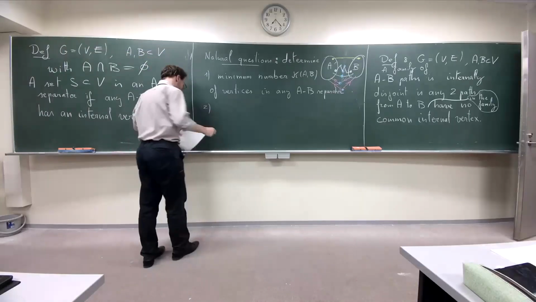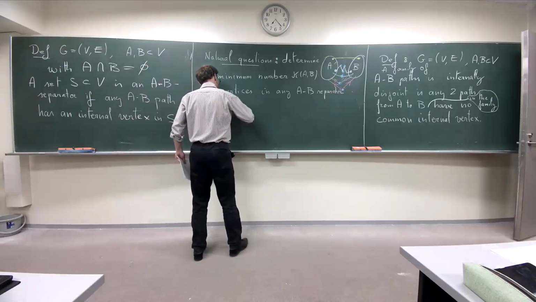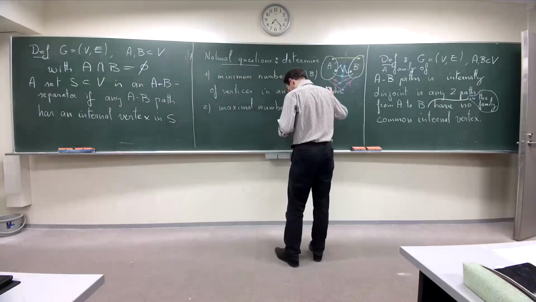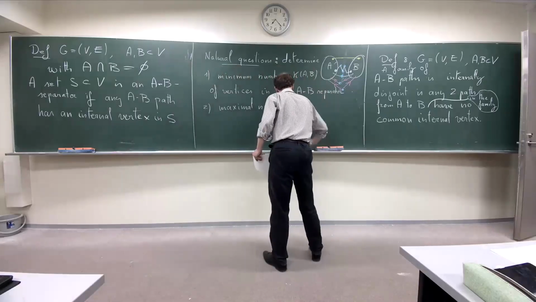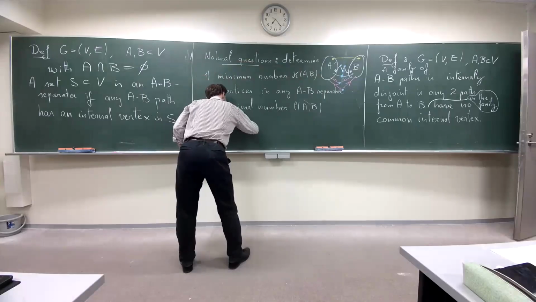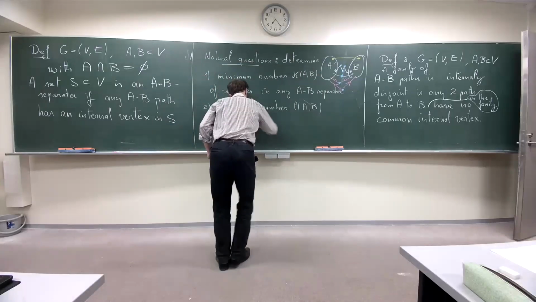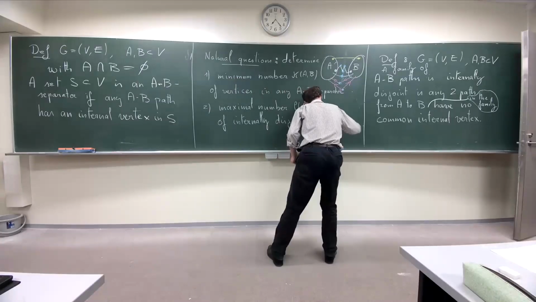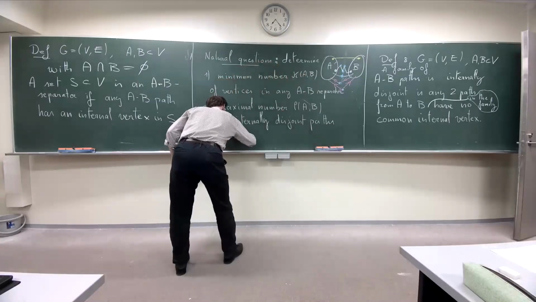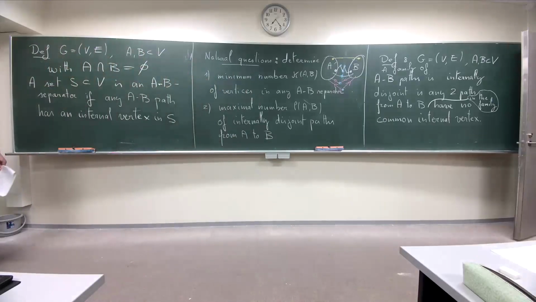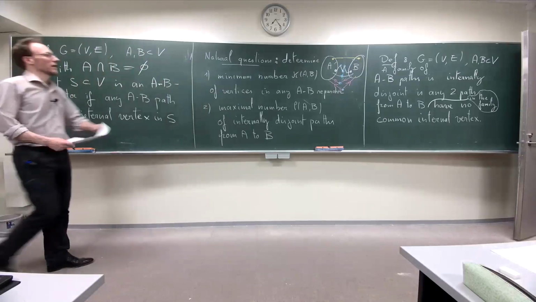And the second one, which is of course related: the maximum number, and I give a name, L AB, of internally disjoint paths from A to B. These questions look quite similar, but are slightly different.